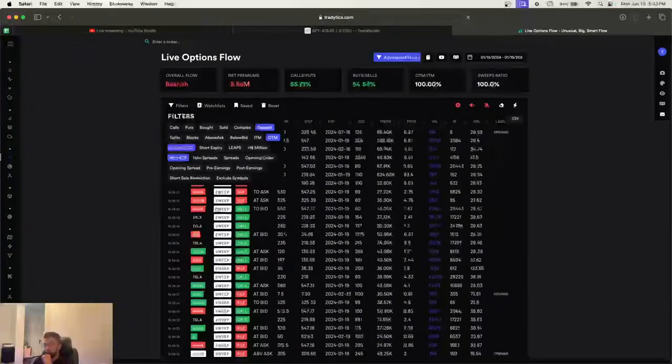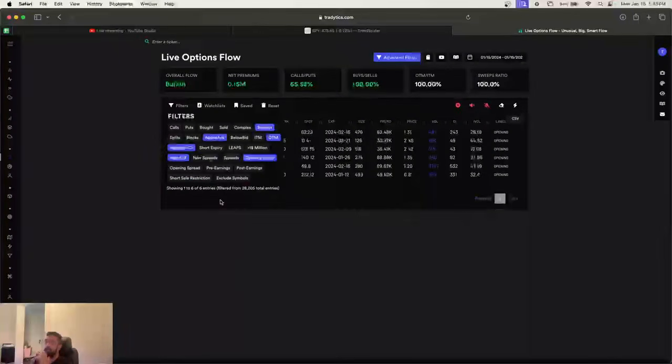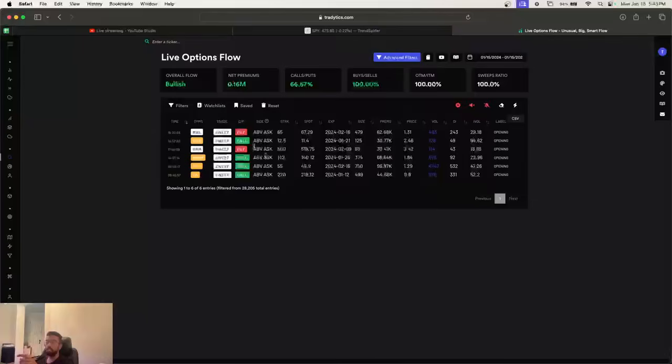I do only sweeps, and then an opening order is an important one that you can toggle, and above ask is another important one that you can toggle. Once you put in most of all these filters there, you tend to get a very small list that you can focus on or concentrate on.